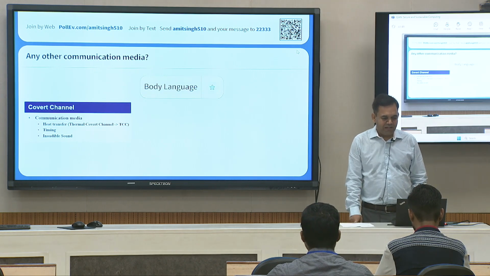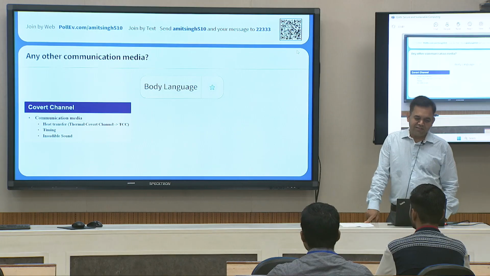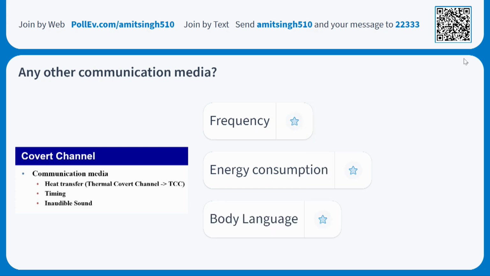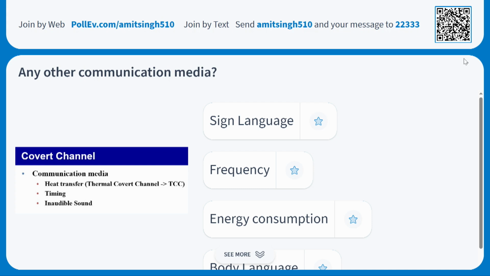Okay, body language, that's an interesting one. Energy can be another thing, like power, you can send the power level. Body language can be interesting. Sometimes there are ways people can find out what exactly you are speaking just by the lip movement. So it's some kind of movement.